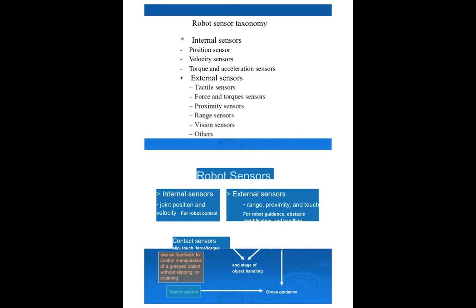We are supposed to understand in which direction it is rotating, clockwise or anti-clockwise, and what the home position of this rotary device or motor is. In such cases we use the position sensor. We can't see the position sensor; it may be kept inside the motor or somewhere else inside the robotic structure. So that is all about the internal sensor.